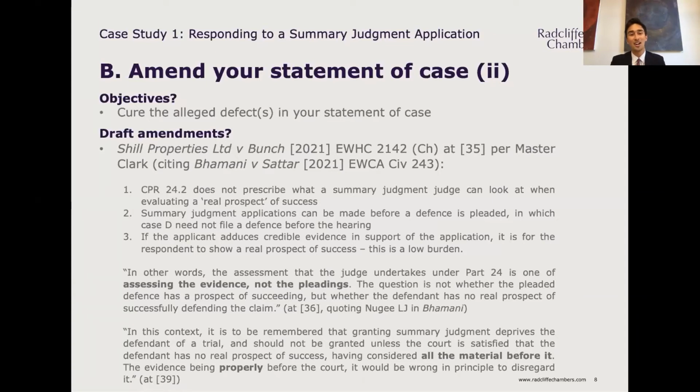And Master Clark, applying Bomani, said that she could. And the key part of the judgment is excerpted on the slide there. The assessment that the judge undertakes under Part 24 is one of assessing the evidence and not the pleadings. So the court is not really interested primarily in what your pleadings say. It is the court's job to look at the evidence in a sort of big picture way.